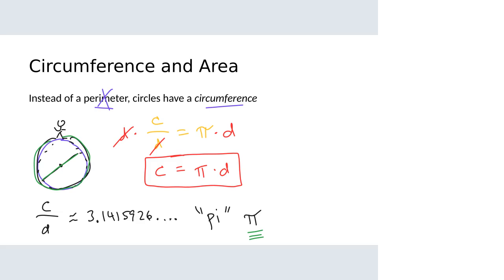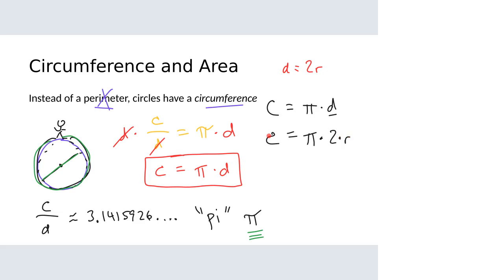Something that we saw just a few minutes ago is that diameter is the same thing as 2 times the radius. So instead of pi times d, we have an alternate formula that we can choose. Since circumference is pi times diameter, we could write that as pi multiplied by, let's see, the diameter is the same as 2 times the radius.